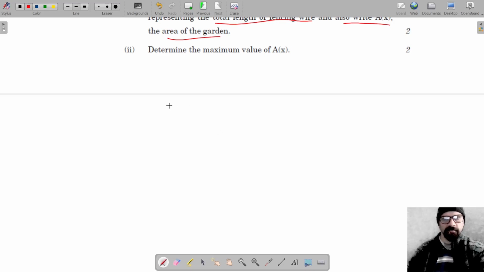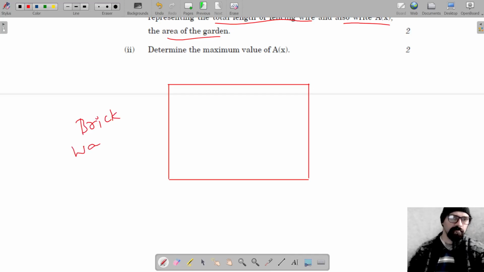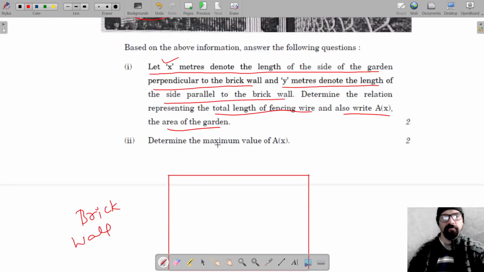Let's say this is a brick wall, and this is a rectangular garden. Now what is given to us is that x meter denotes the length of one side of the garden perpendicular to the brick wall.